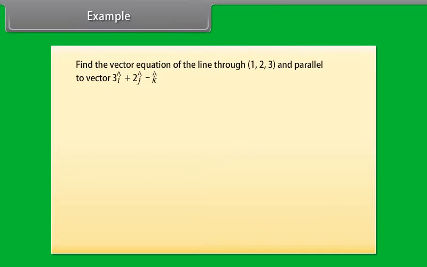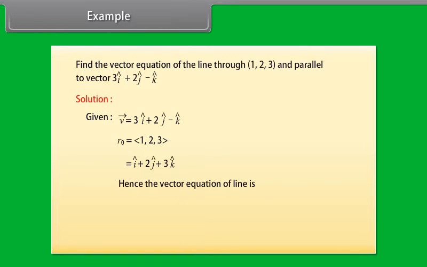Example. Find the vector equation of the line through (1, 2, 3) and parallel to the vector 3i plus 2j minus k. Solution. Given vector v equals 3i plus 2j minus k, and r0 equals (1, 2, 3) equals i plus 2j plus 3k.